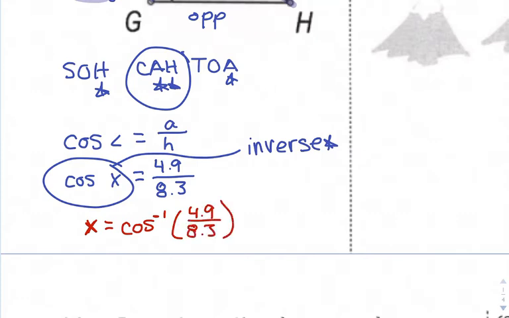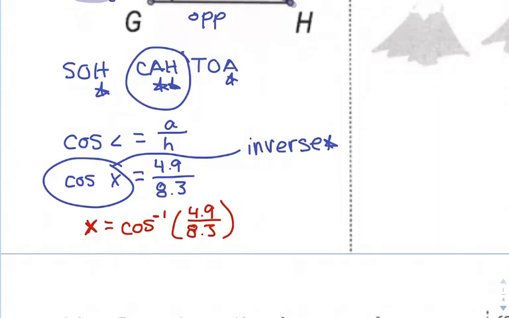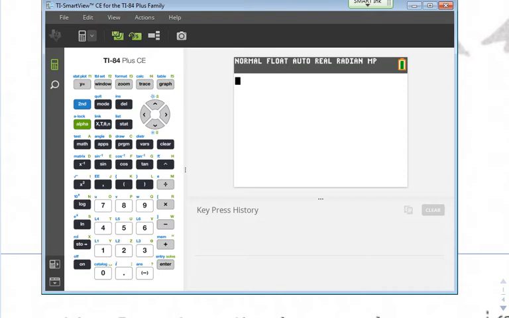Now you're probably saying, Ms. Hoke, I don't know what that is. So let's jump over to our calculator. So here's my calculator. If you notice right above your cosine function, you'll see it in blue. It says cosine -1. Well, that's just what we wrote here, cosine -1. So I'm going to use that. Now in order to do that, I can't just hit cosine. Cosine doesn't give me that -1.